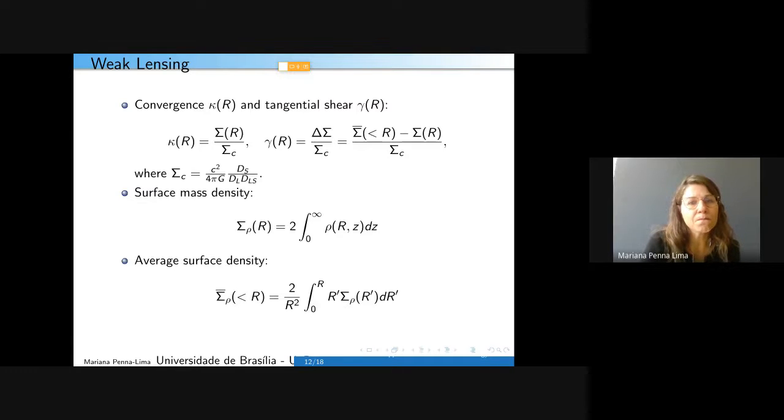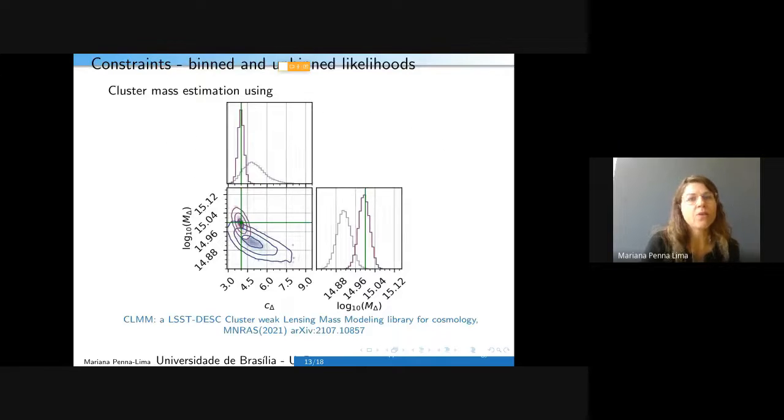Okay, so here's an example. You can access it in the CLMM, the LSST DESC weak lensing mass modeling library for cosmology. We released the first version last year, so you can find it here.